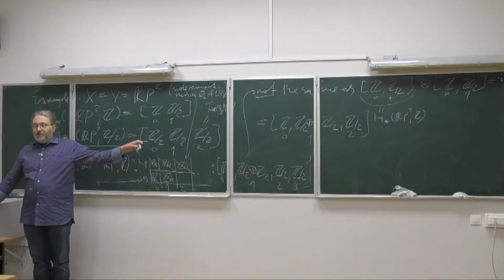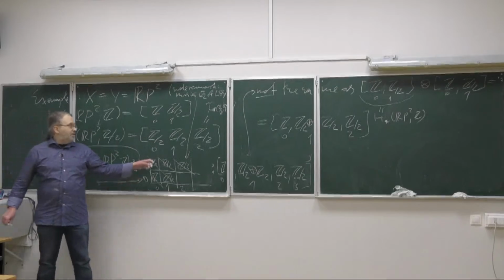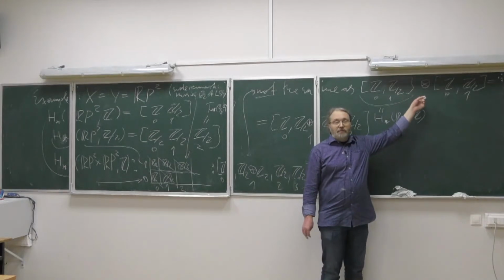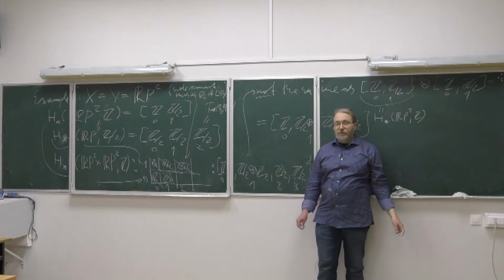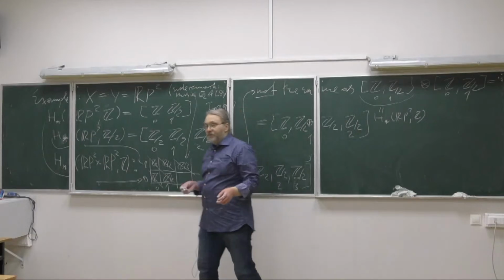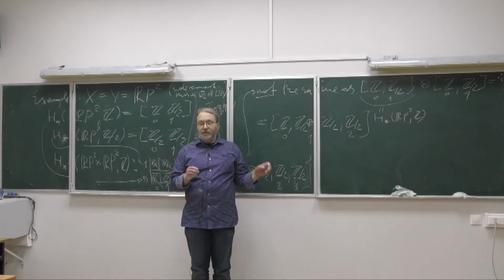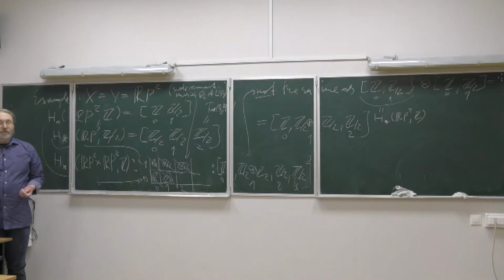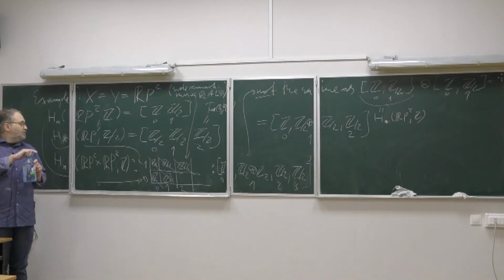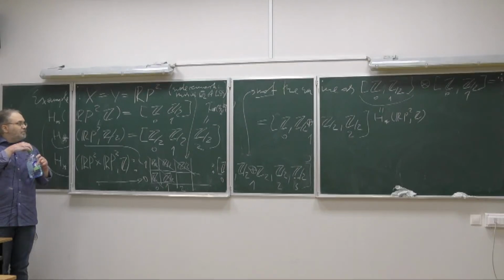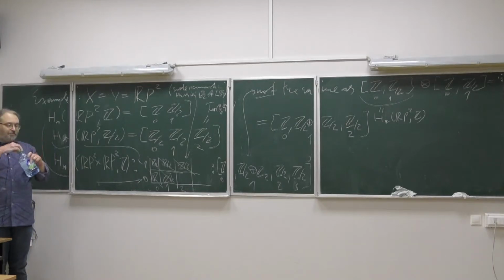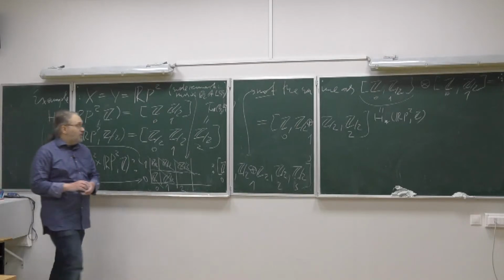Do you understand? So the tensor product of the two homology groups sometimes gives the right answer, but not always. And there is a similar recipe which works for cohomology.